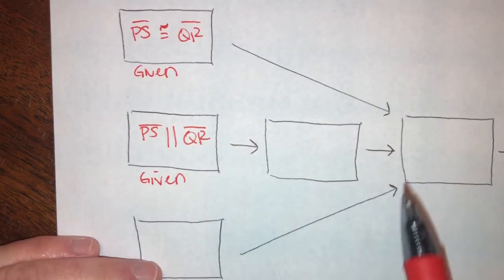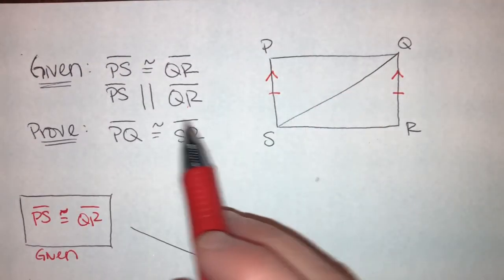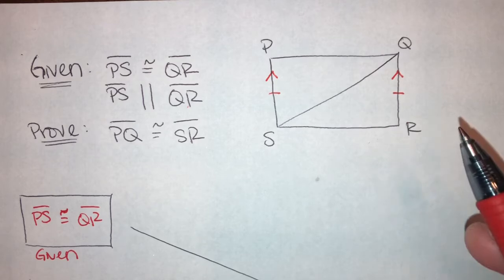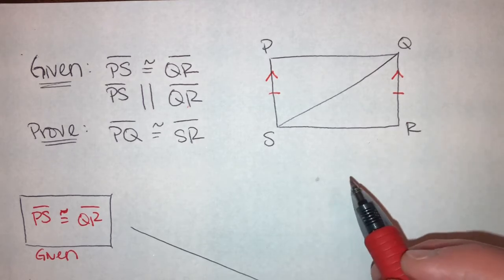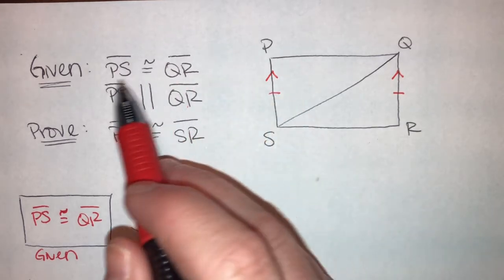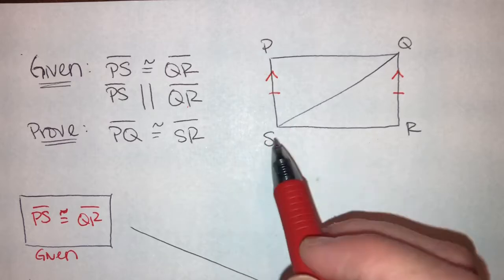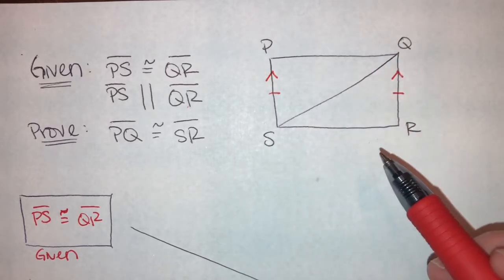In order to prove my triangles are congruent, because that's my goal right now, I need at least three congruency statements, and so far I only have one. Based on the fact that it tells me these two lines are parallel, how can I use that to my advantage?